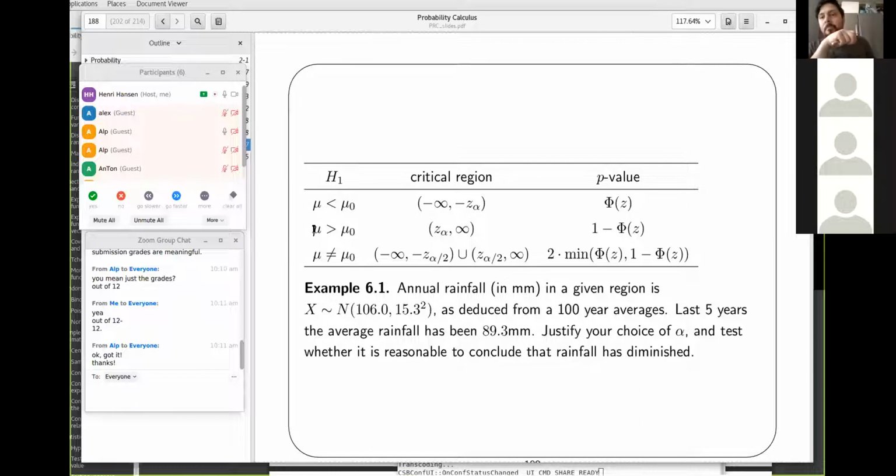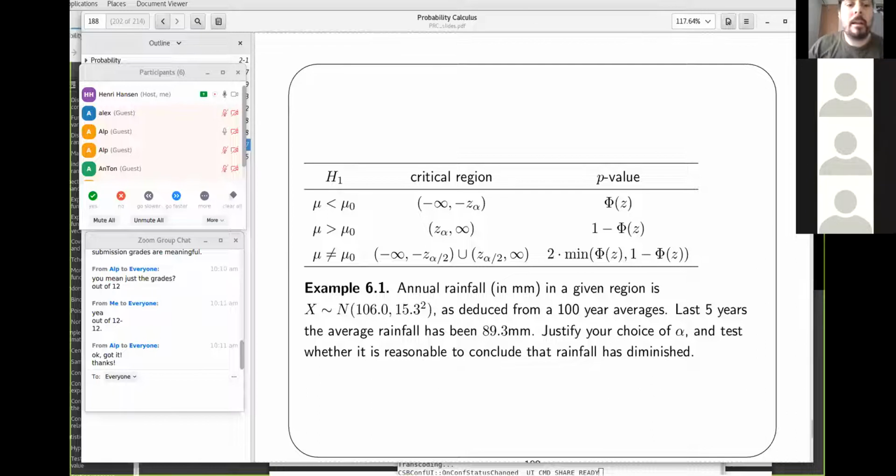And how we calculate the p-value is we calculate the value of our test statistic and look at its value there. In this case, it's 1 minus z because if we get a large number here, it gives you this part of the probability, not that. If you calculate the cumulative distribution function here, you get this probability, so 1 minus that is the part on the right-hand side of it.